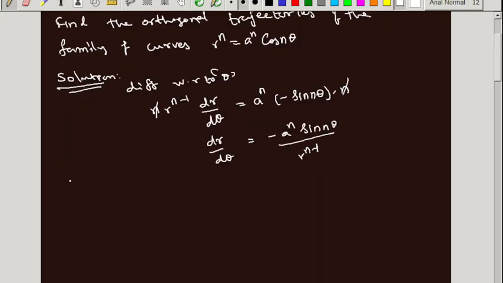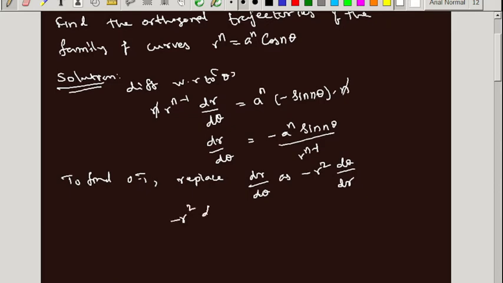To find the orthogonal trajectory, replace dr by d theta as minus r square into d theta by dr. Here I am only replacing the left hand side, dr by d theta. I am writing this as minus r square into d theta by dr equal to the right hand side, minus a power n into sin n theta dividing by r power n minus 1.